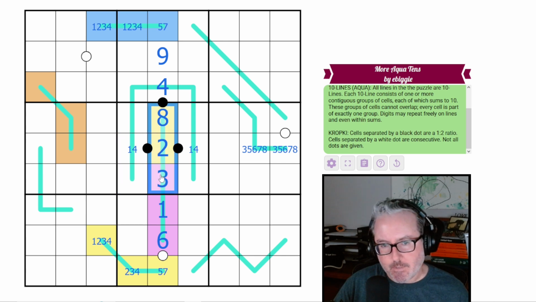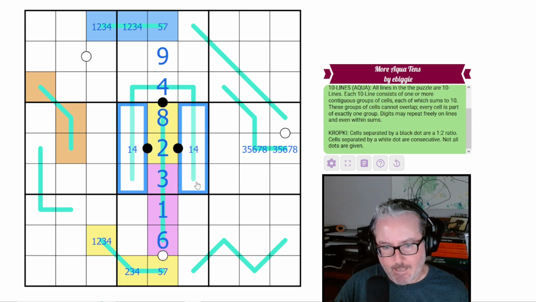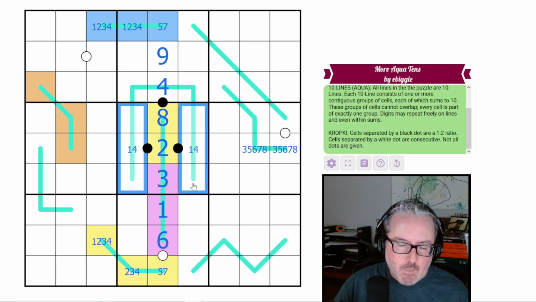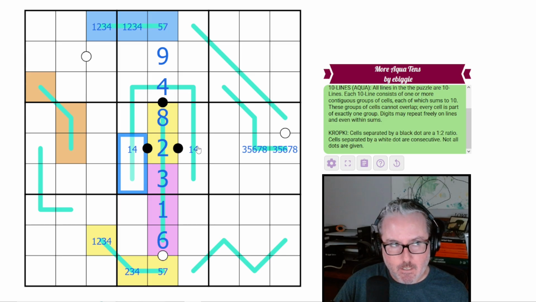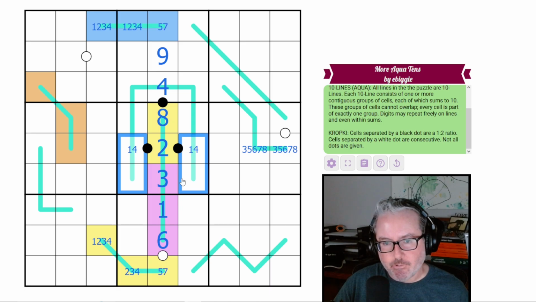These in total add to 13, so these have to add to 32, which means these both have to be 10s.